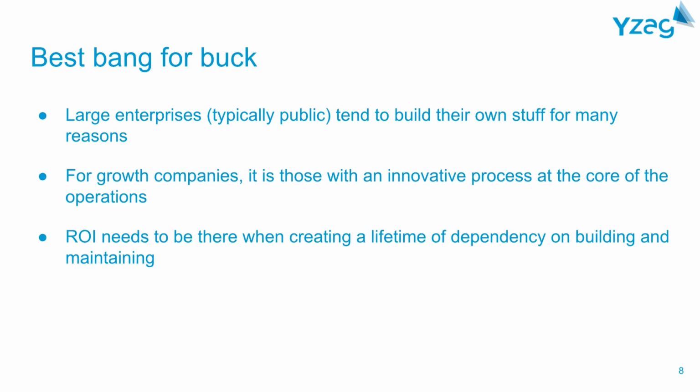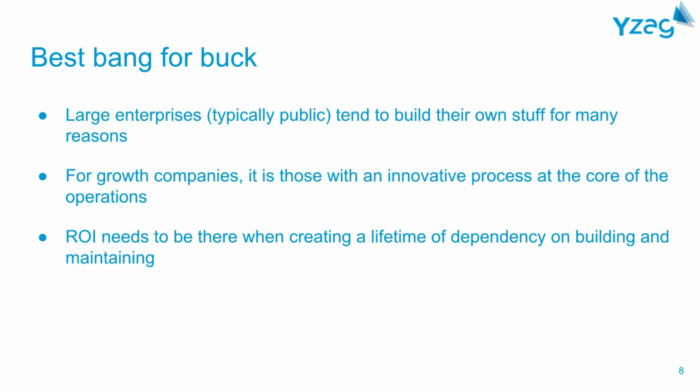It's perhaps one of the biggest decisions a company can make, whether or not they're going to go the path of creating their own software, creating their own systems. You're essentially signing a contract that is way longer than you can imagine, because you have a lifetime of dependency on both building and maintaining. So the ROI needs to be there, right? And that's why we say it has to be an innovative process at the core of your operations.